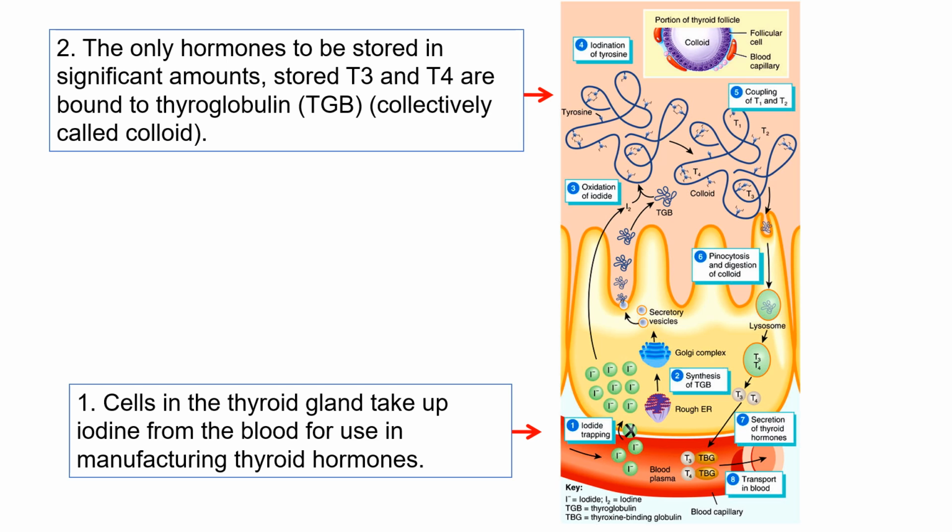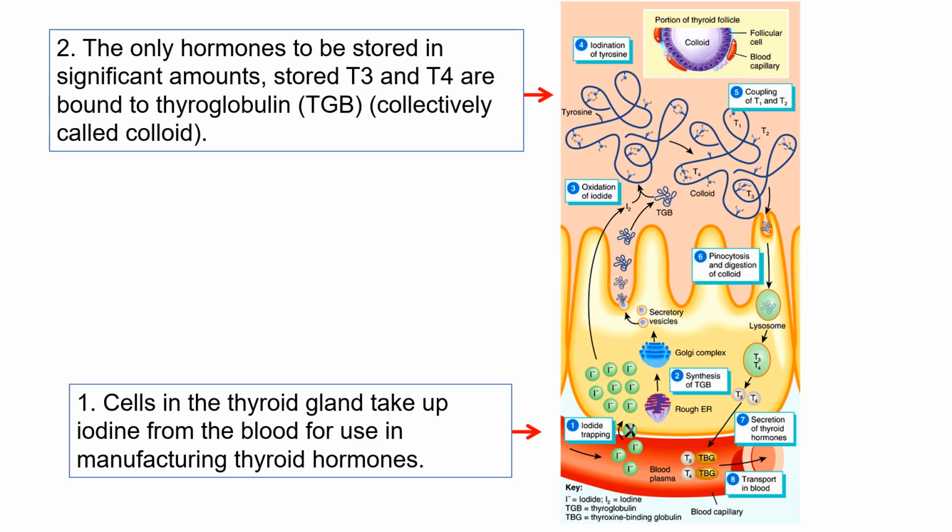So down below that follicular cell is a blood capillary, and we can see that these follicular cells are able to collect iodine. Iodine is a mineral. It is an element. It appears on the periodic table. These follicular cells collect iodine out of the blood, and of course that iodine came from our diet.